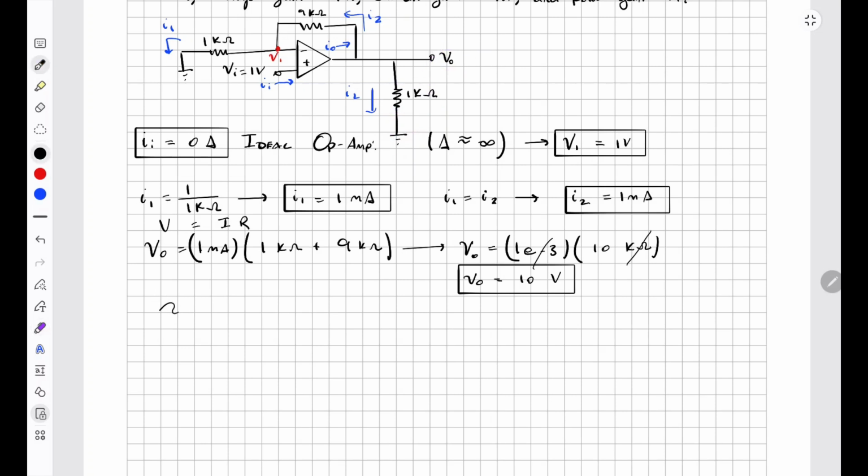So IL is equal to V out, which we just solved, is 10 volts, divided by the resistance there, which is 1 kilo ohms, 1 times 10 to the third. Therefore IL is equal to 10 times 10 to negative 3, but let's just keep it in milliamps. So IL is equal to 10 milliamps.